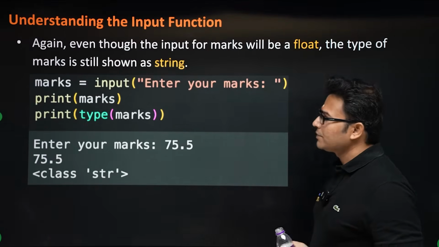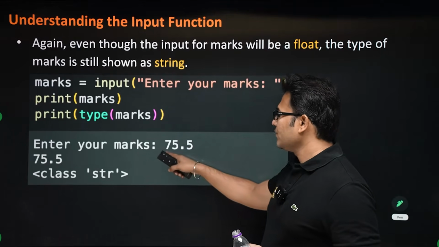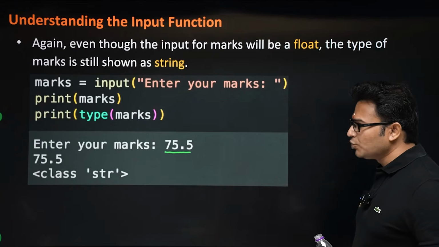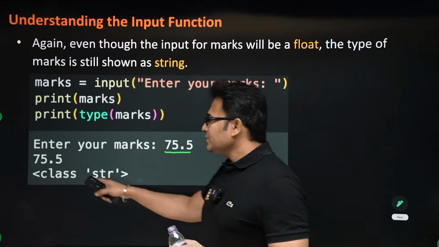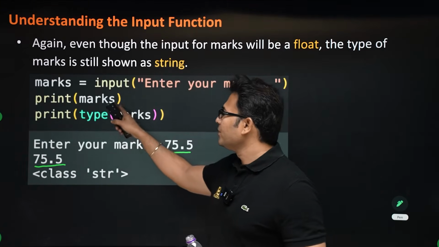Similarly, the same thing happens with float. When 75.5, which is a float, is entered as an input, you get 75.5 when you print it.